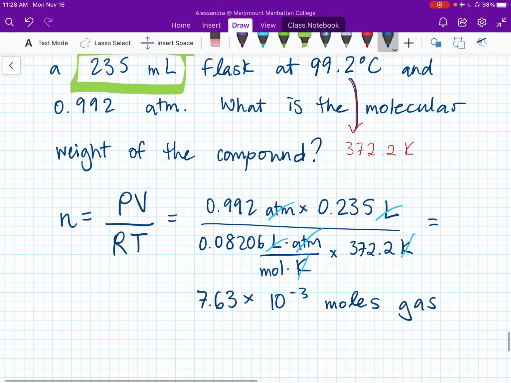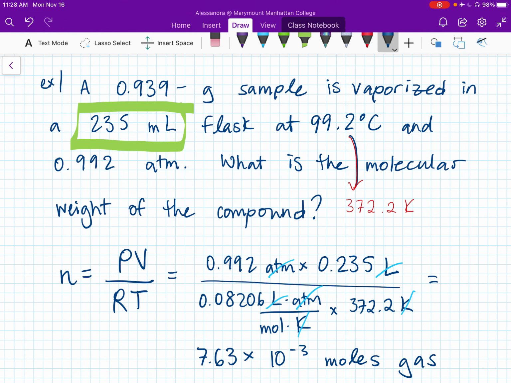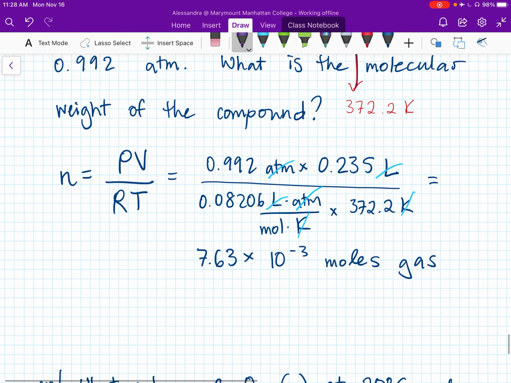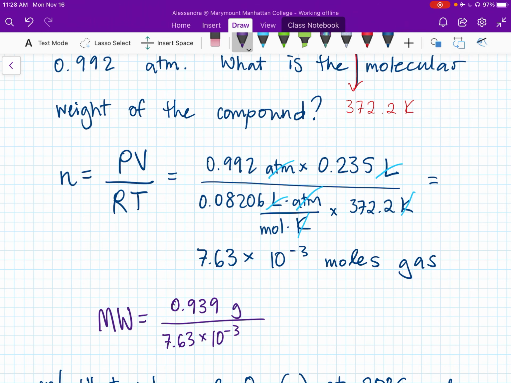So if you look back at the problem, those 7.63 times 10 to the minus 3 moles weigh 0.939 grams. So I can figure out the molecular weight in grams per mole by putting the grams over the moles. 0.939 grams over 7.63 times 10 to the minus 3 moles.